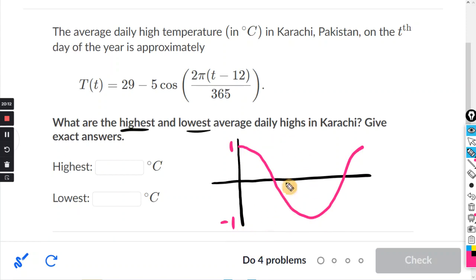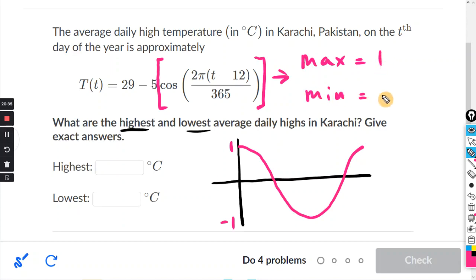You can also see this on the unit circle, okay? So for this cosine function right here, the cosine of whatever, for this part in brackets, the maximum is going to be 1, and the minimum is -1. That's for a cosine function.